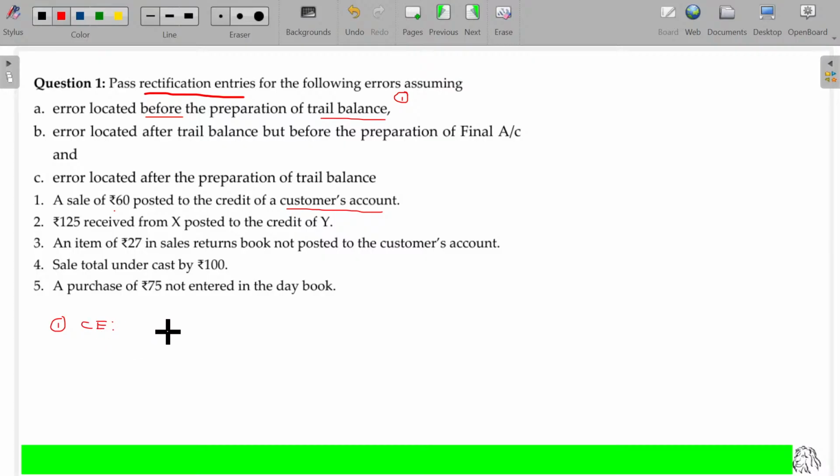The correct entry in this case being sale, right? Customer's account debit to sales is the correct entry. The value being 60. What is the wrong entry?